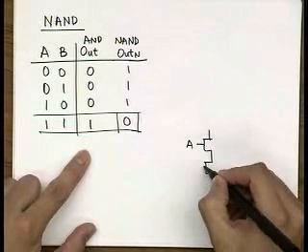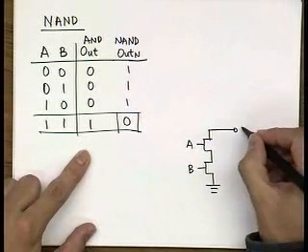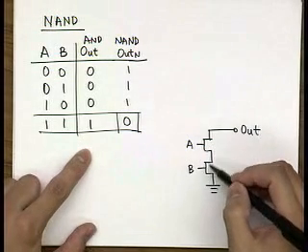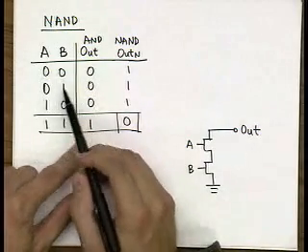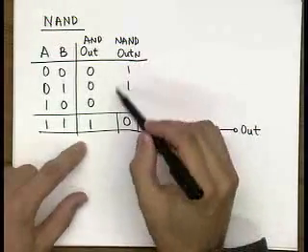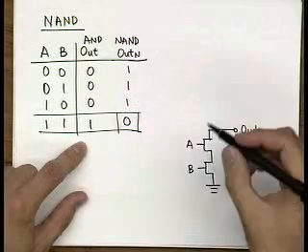So we have A and we have B, and we have ground. So this is now the pull-down network. Out is equal to 0 when both A and B are equal to 1. And now when either of the two inputs is equal to 0, we have a situation where the output is equal to 1. So that is our pull-up network.